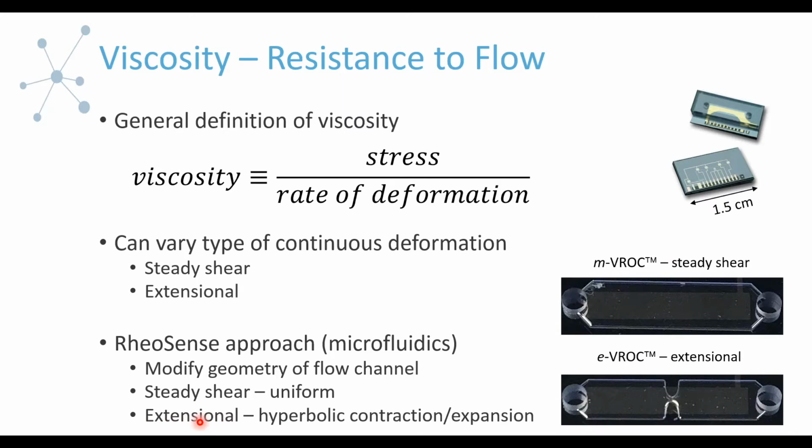To introduce the extensional type of flow into the microfluidic flow channel, midway between the inlet and outlet, we have a hyperbolic contraction and expansion. It's this hyperbolic contraction and expansion that is going to introduce the extension in the center of the flow channel.